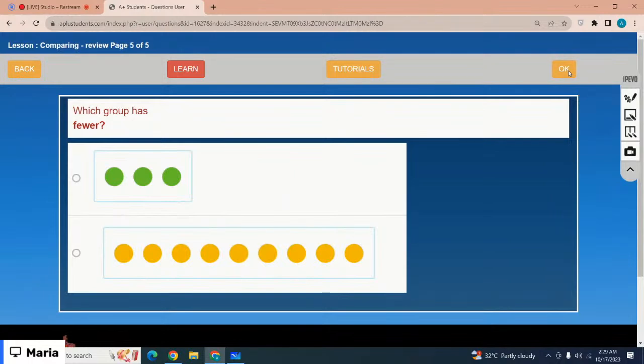Which is the correct option? Very good. The green group has fewer dots than the orange one. The correct option is green.